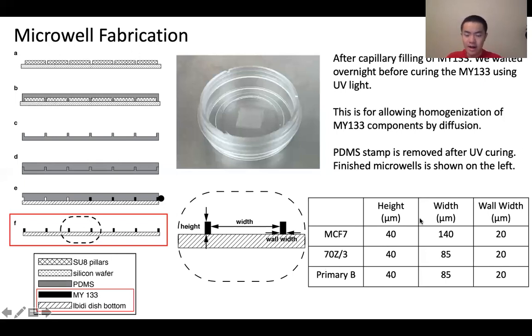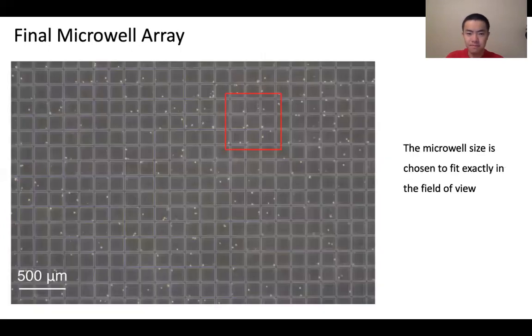We designed our height to be just high enough to prevent the escaping of cells from the microwells. And the width is obviously based on the cell size. And we built our microwell wall thick enough to ensure the strong structure of our microwells.